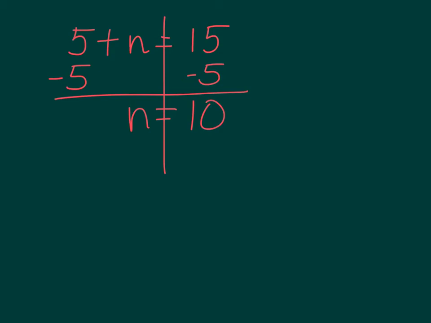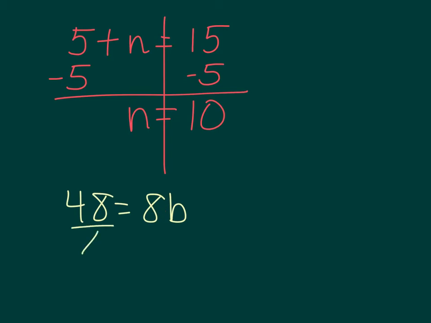If we wanted to do one that is a little bit different, let's try this problem: 48 is equal to 8b. Right now, we have 8 times b. Even though we don't see a multiplication symbol, we know that 8b means 8 times b. The inverse operation of multiplication is division, so we will divide both sides by 8.